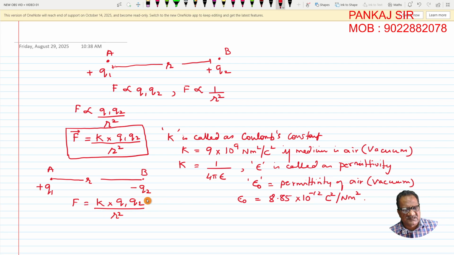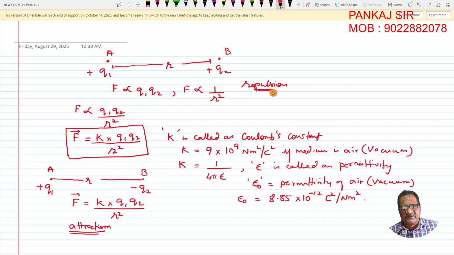But because one of the charges is negative, you will get a negative sign here. That negative is telling you only one thing, that this force will be attraction. Opposite charges always result in an attraction force. And when like charges are created, then the force between them is a repulsion force.